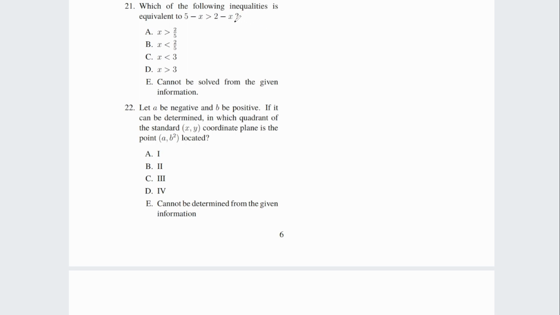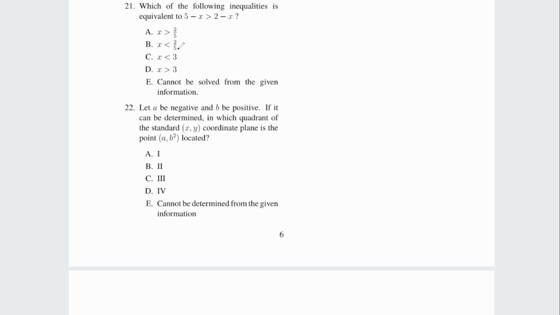Well, this is kind of a nonsense statement, if you really think about it. If x is always the same, then 5 minus x is always going to be greater than 2 minus x, right? We're not going to be able to sort much out from this because 5 minus x is trivially larger than 2 minus x.